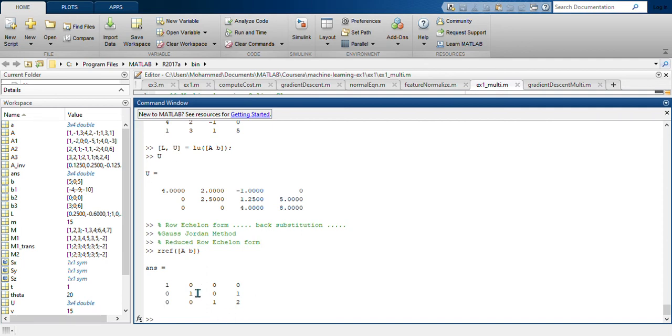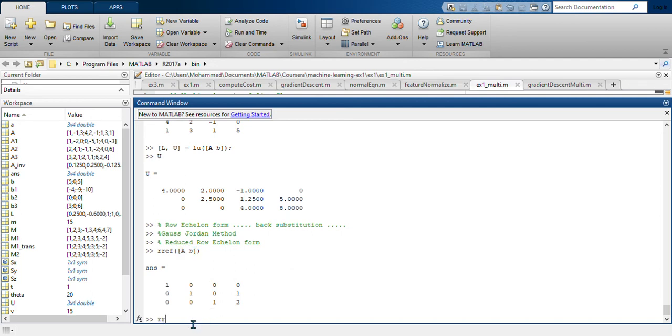MATLAB did some row operations to achieve this answer. And if the same steps were applied to the identity matrix, then we would get the inverse matrix.